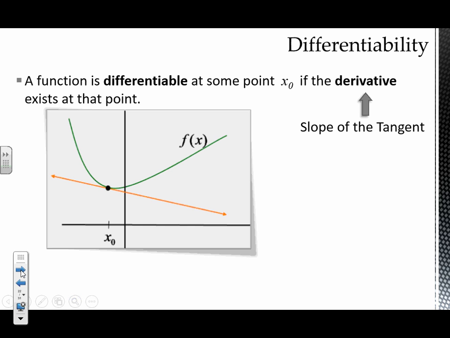Let's talk about differentiability. If a function is differentiable, that means the derivative exists at that point. We are differentiable here because we do have a tangent line that we can draw there.